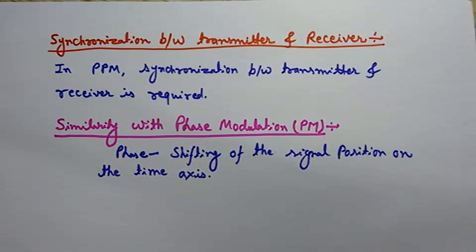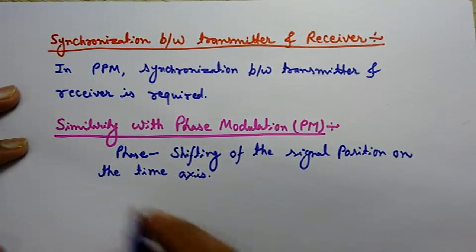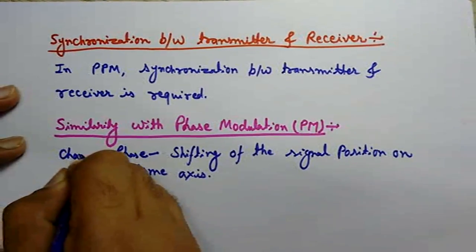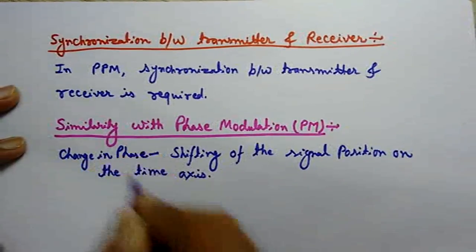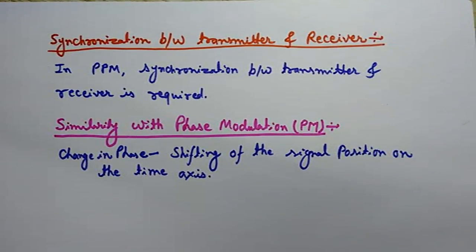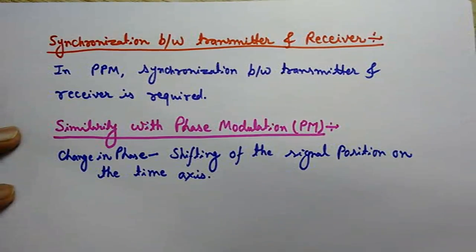So this is called the phase change. This is change in phase. So therefore we can say that PPM, this pulse position modulation, is analogous to phase modulation, since in PPM also the position of the pulse is shifted on the axis according to the modulating signal.